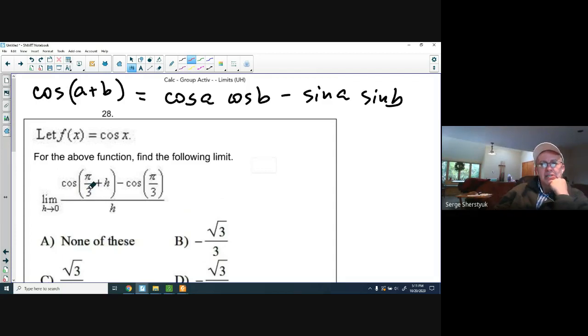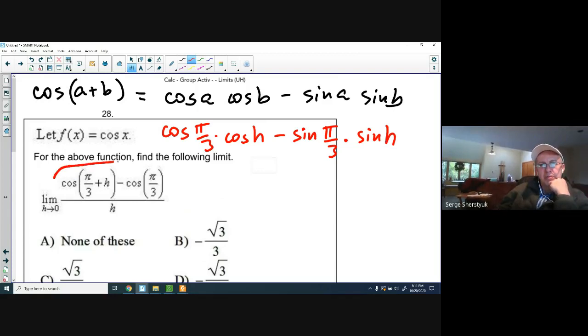So I'm going to follow with this, so this really becomes the following. I'm going to try to wedge my work in here. Cosine of pi over 3 times cosine of h. Okay, that's that. Minus sine of pi over 3 times sine of h. Now that's just this part.